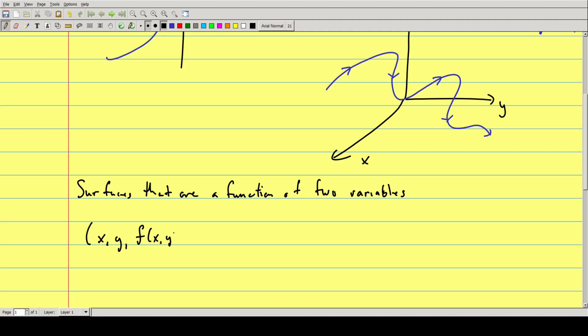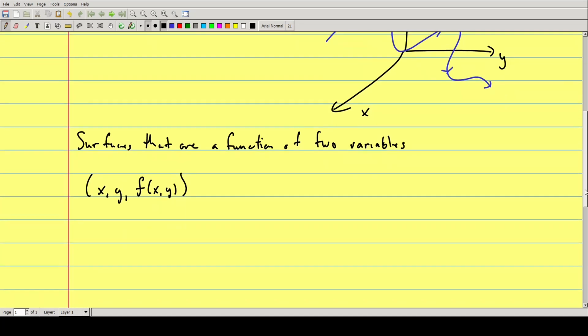Another situation that we can have, and this is a type of thing that we will see, but it is not what we're going to be discussing primarily for this section. This would be the picture that looks like the way we're used to thinking about functions in the normal sense. We have independent variables and they contribute to a dependent variable. So x and y are both independent variables for this purpose, and z equals f of x, y is a function of those two variables.